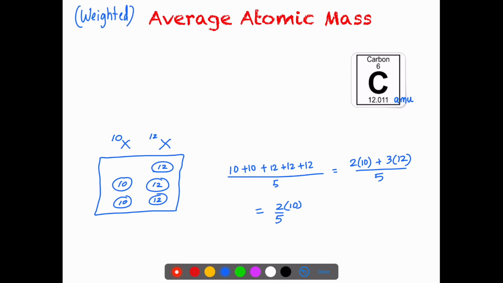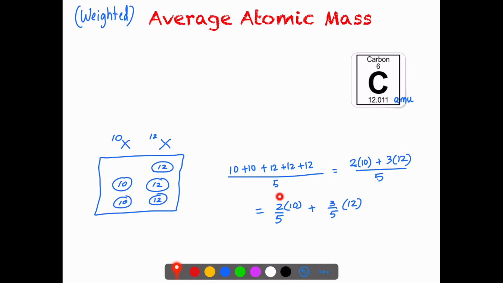So you can write this as 2/5 of 10 plus 3/5 of 12. So this is my average. The average is 2/5 of the atom with mass 10 and 3/5 of the mass 12.